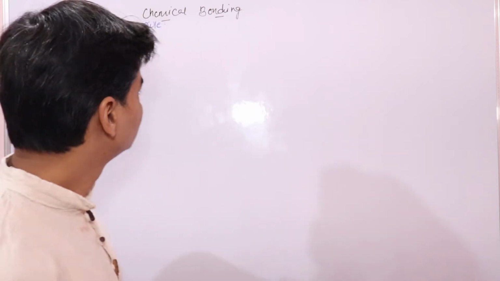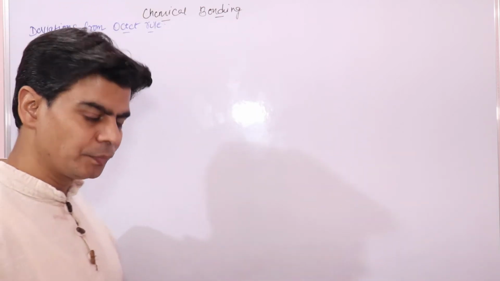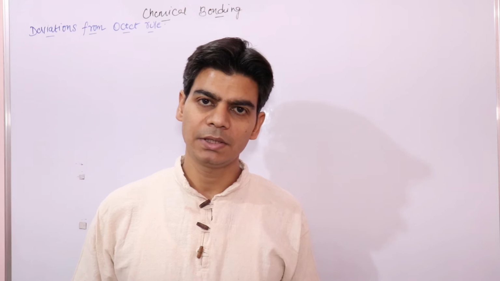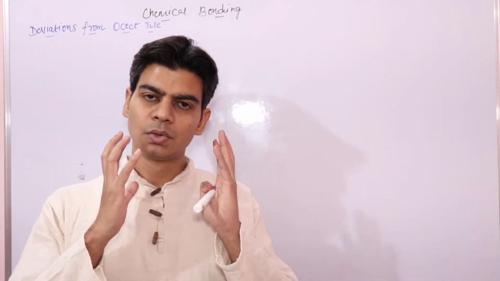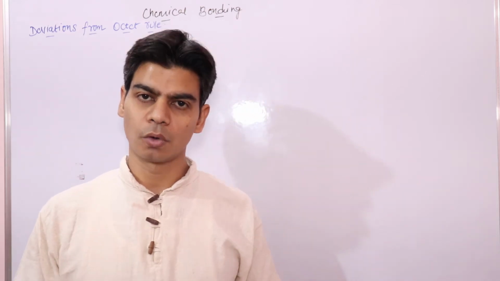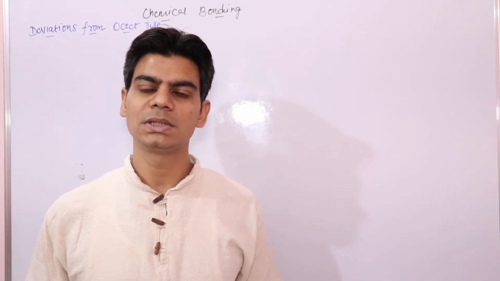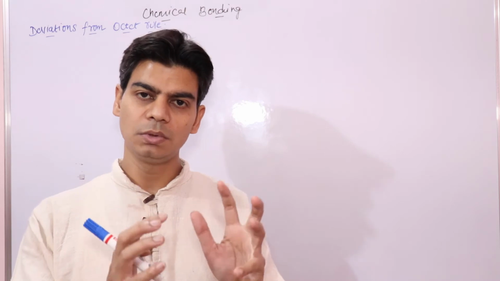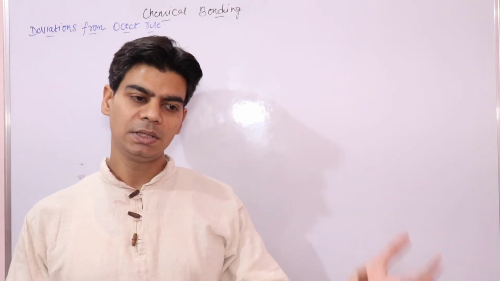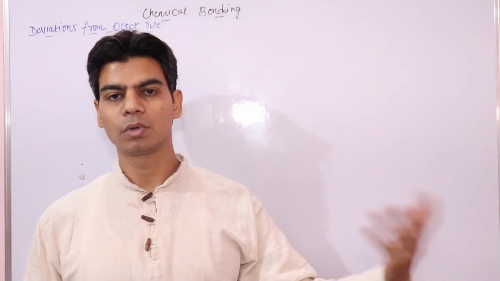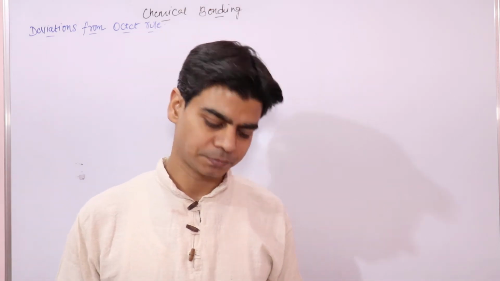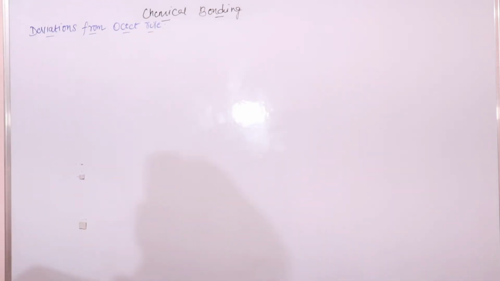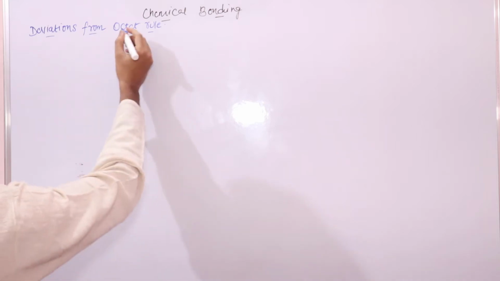So let's look into the structure of those molecules where this rule of octet is not followed, or the molecules that contain a central atom with either less than 8 electrons or more than 8 electrons.